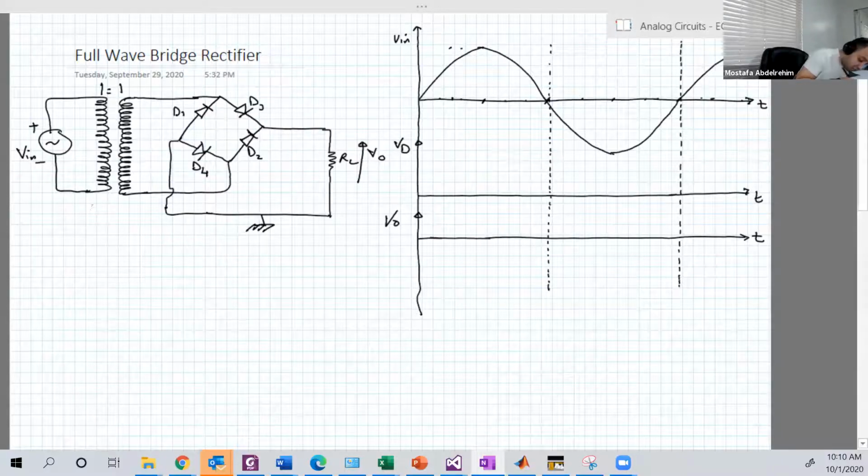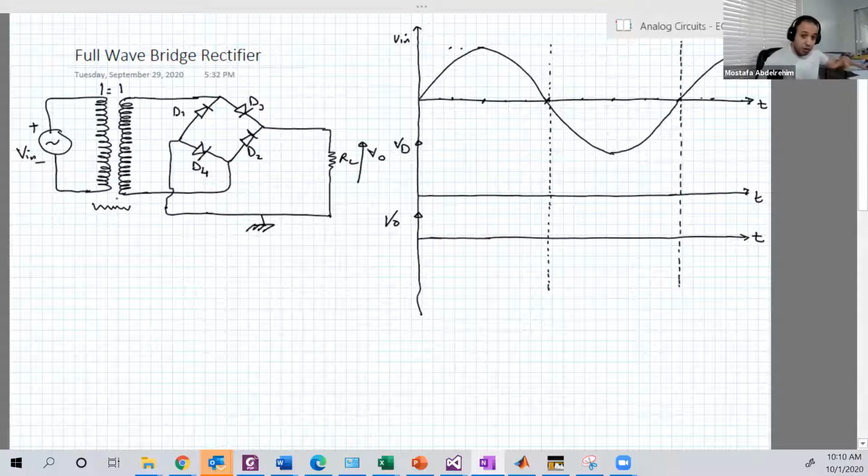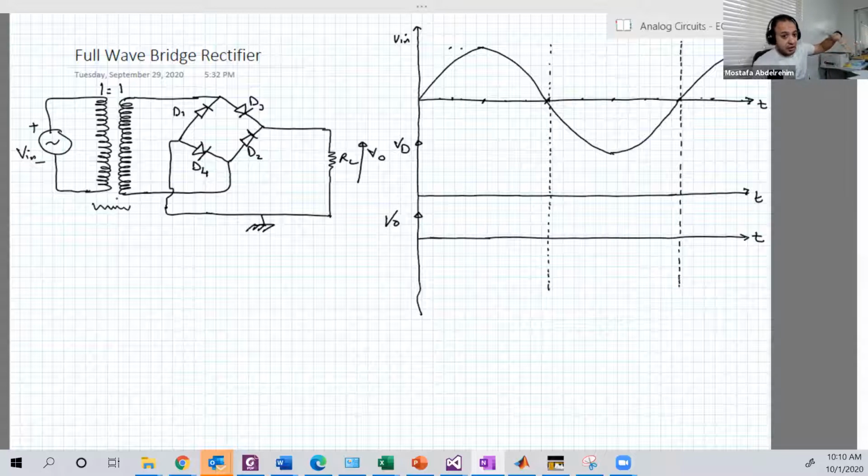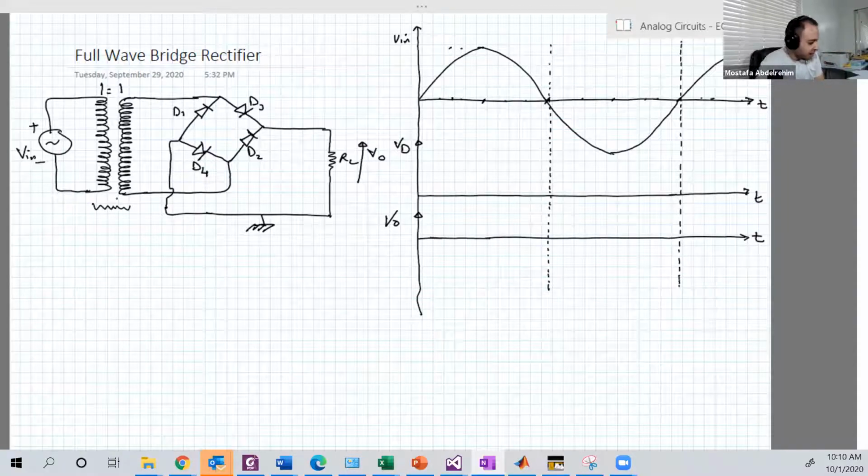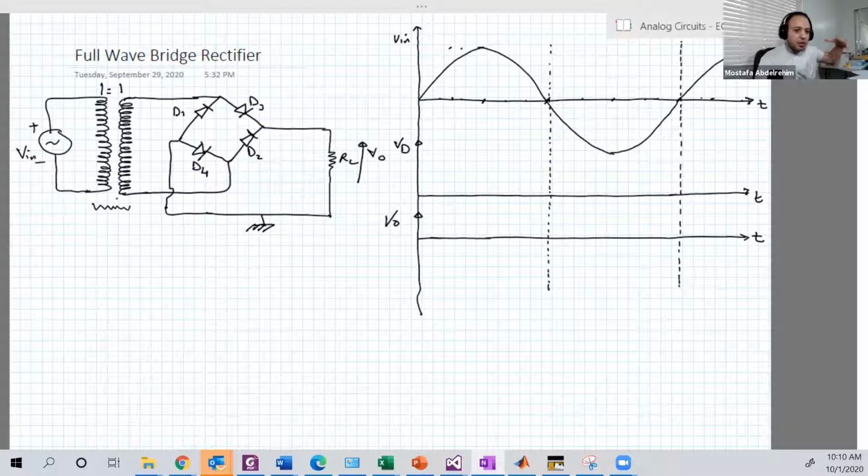We need that transformer for both the bridge full wave rectifier and also the half wave rectifier if the input in the negative or reverse direction is higher than the breakdown voltage of the diode. Or if we need to step it down because it's very high, maybe one of the diodes will break. So we may need to step down the voltage.